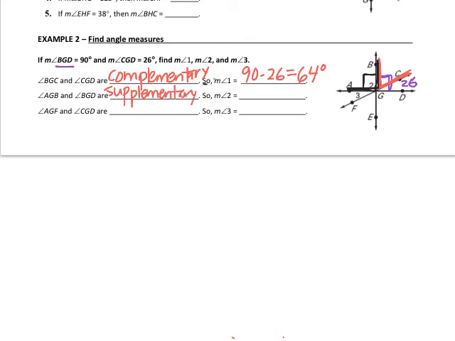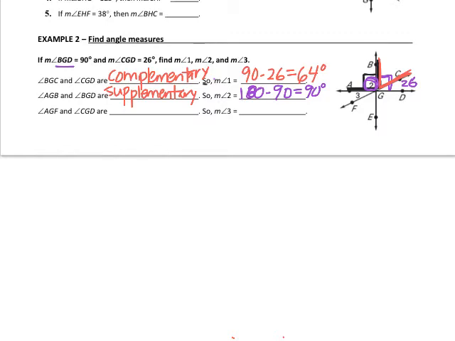So that means the measure of angle 2, which is the angle also called AGB, is going to be 90 degrees. 180 minus 90, which was marked for BGD. That means that the angle next to it on the same line is 90 degrees as well.